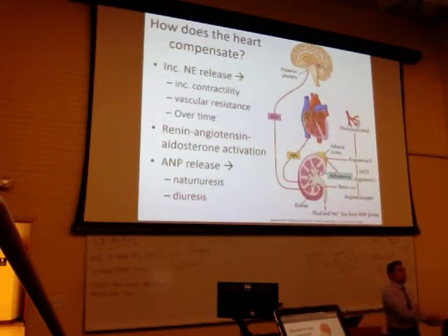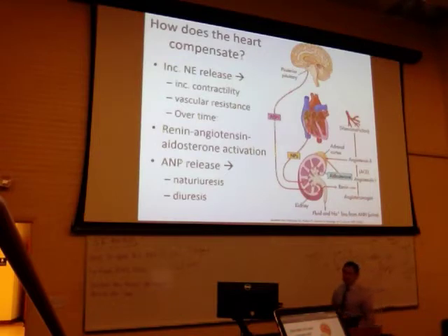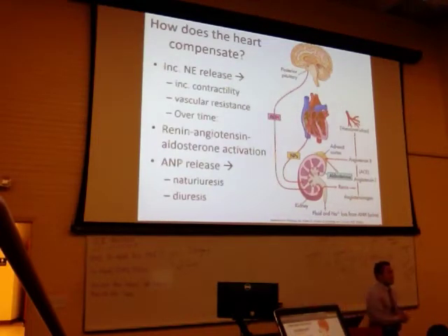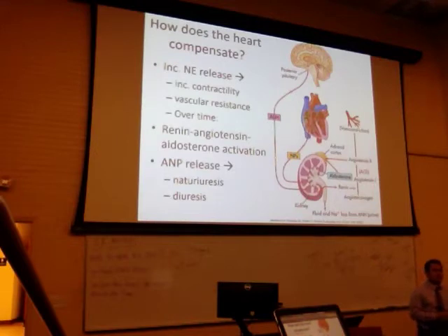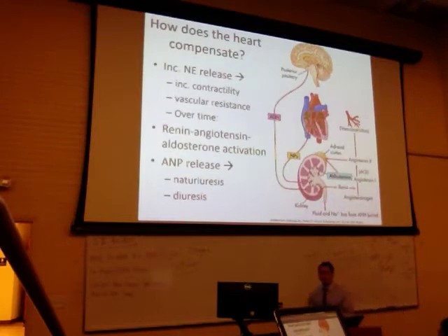Well, there are some other adaptations that take place I'm going to talk about here. The heart is going to try to compensate. Early on in heart failure, the heart will release norepinephrine. Norepinephrine is a sympathomimetic neurotransmitter, right? So it elevates the sympathetic nervous system, and it increases the contractility.